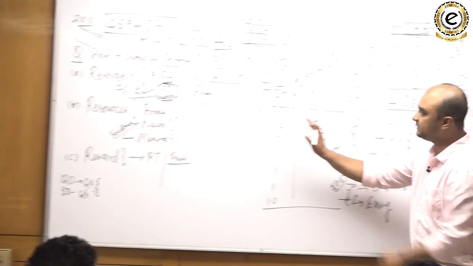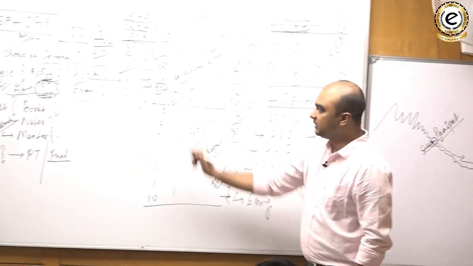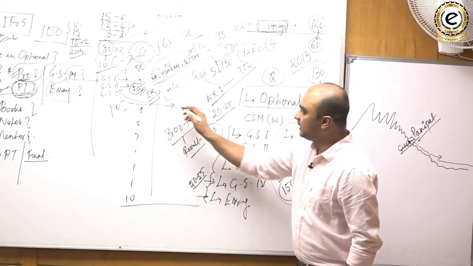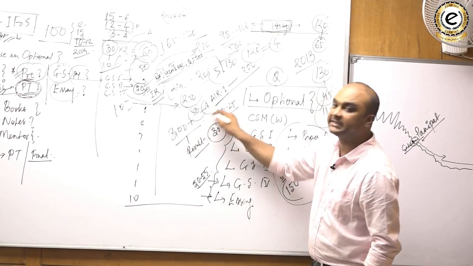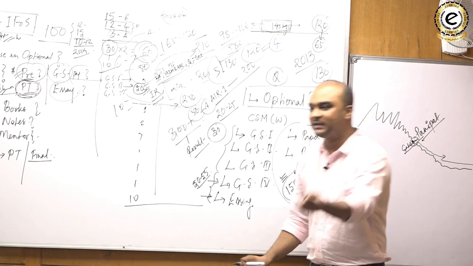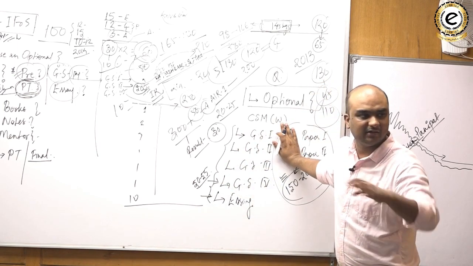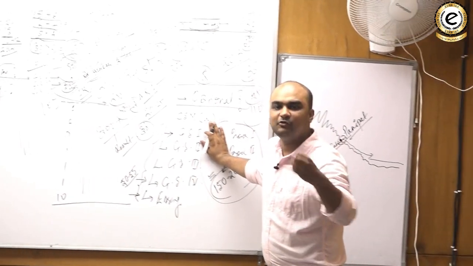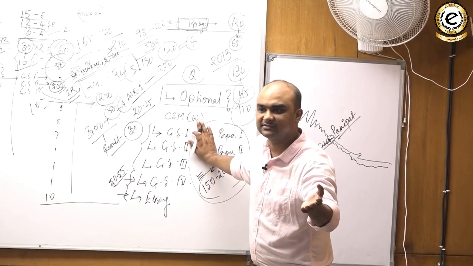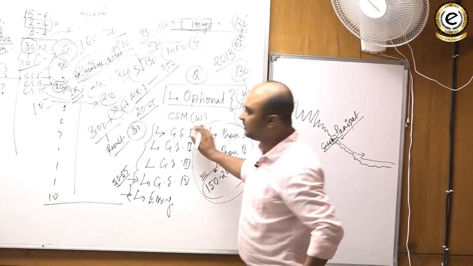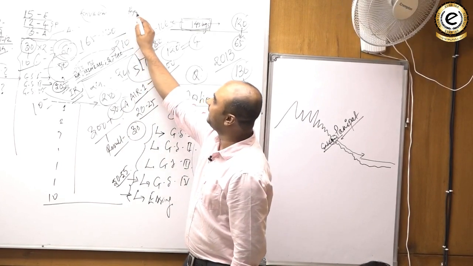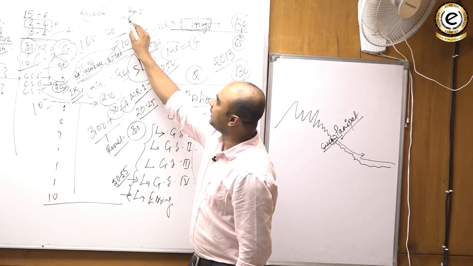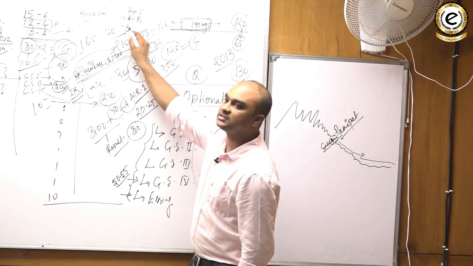Now let me go to GS paper 3. Out of 250 marks, 50 marks are from agriculture alone, like cropping pattern, crop distribution, food processing, and all those kinds of things, animal rearing. You see that is nothing but your geography paper 1 part B, 3rd unit.